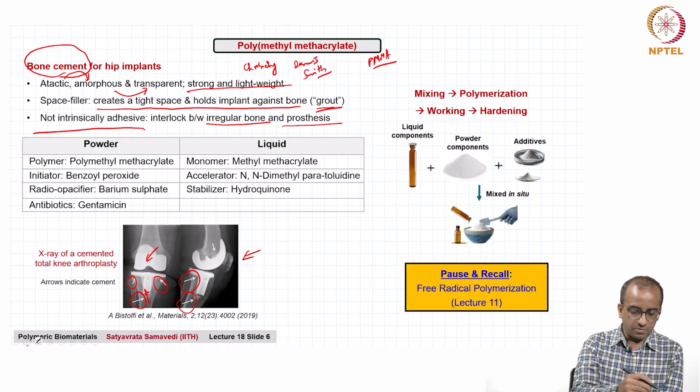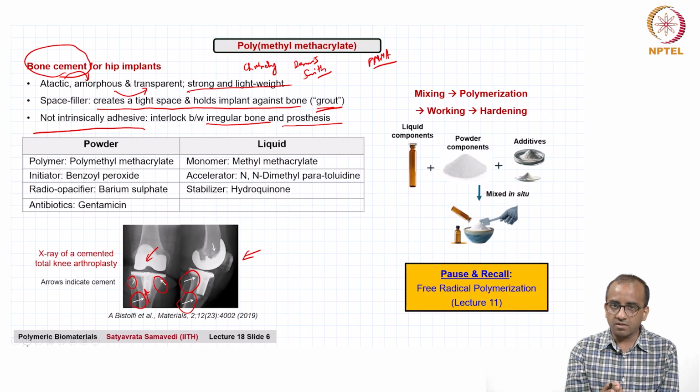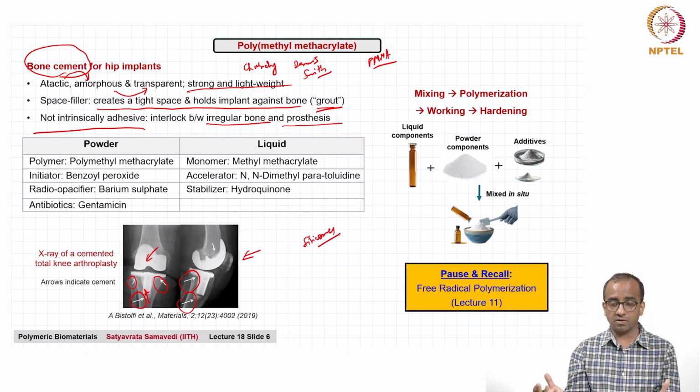Now, from a structure property processing perspective, one can ask, how is this deployed in the clinic? So, typically it is supplied as a two-part kit, like silicones that we have seen earlier, where PDMS, for it to be cross-linked and formed, the components have to be mixed on site and cured for it to cross-link.